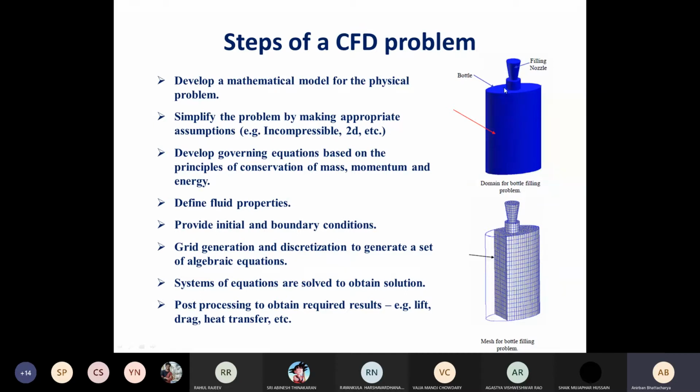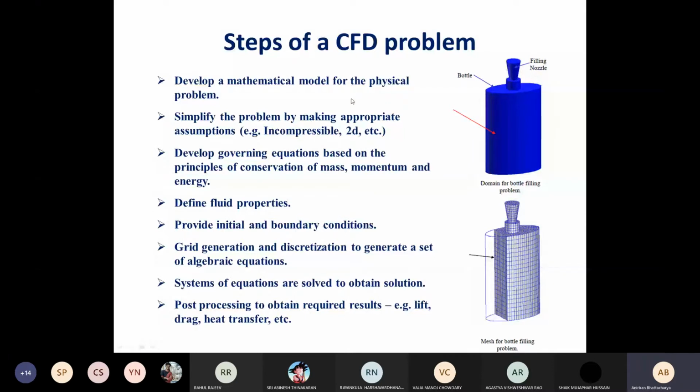First, we need to develop a model for this actual physical problem. Developing a mathematical model means we have to take suitable governing equations by appropriately simplifying the equations. So for example, in this case, radiation may not be important. Okay, so we may ignore radiation.